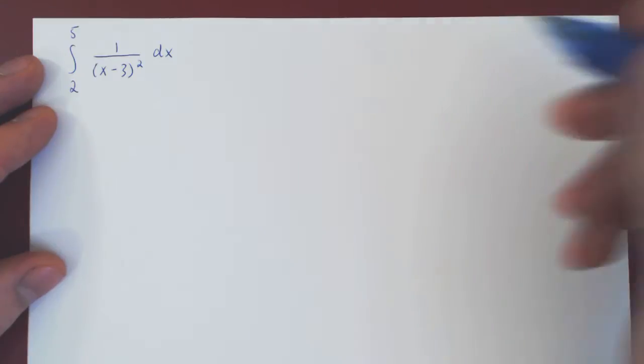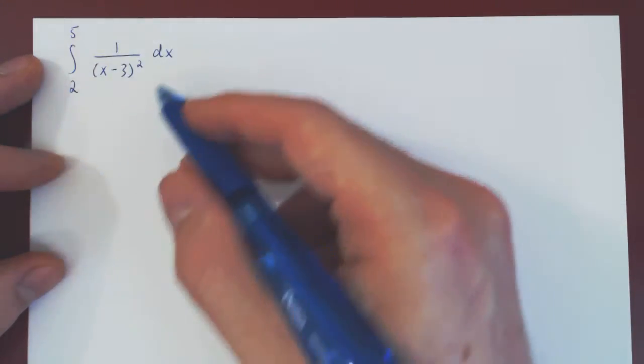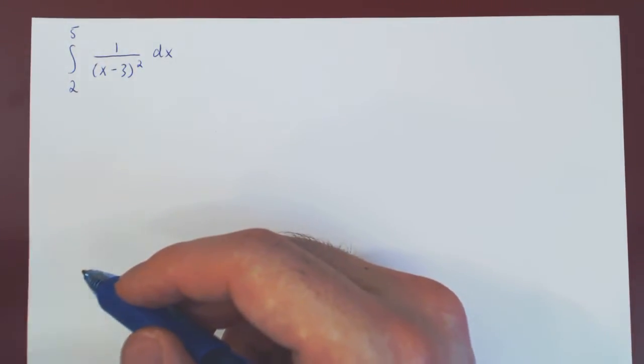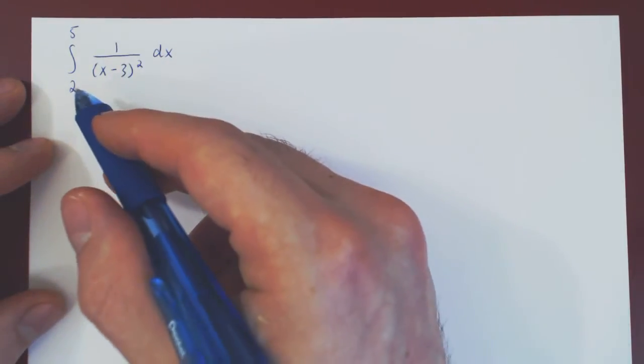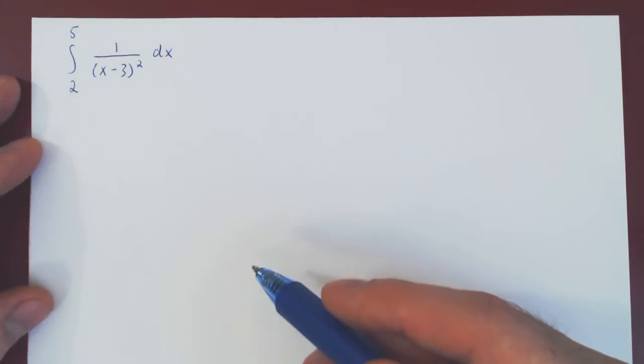Well, as always, to get a feeling for what this may look like, we'll sketch the graph of the function between x equals 2 and x equals 5.